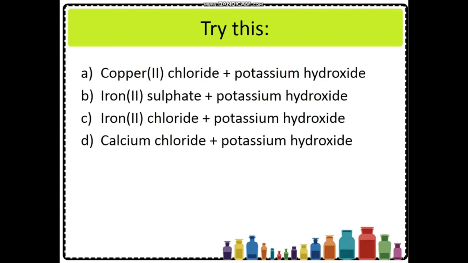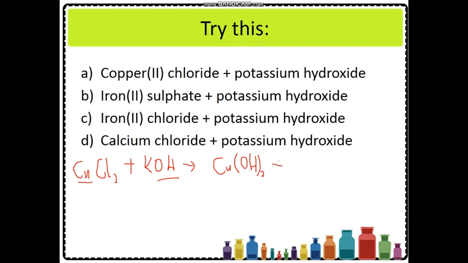Example, we have copper chloride, CuCl2, plus potassium hydroxide, KOH. Cu will combine with OH. We know Cu is Cu2 plus and OH is negative, so it becomes Cu(OH)2, copper hydroxide, which is an insoluble metal hydroxide.